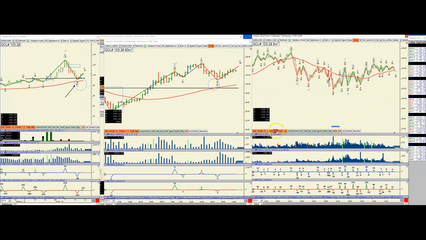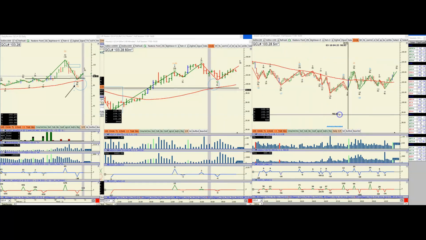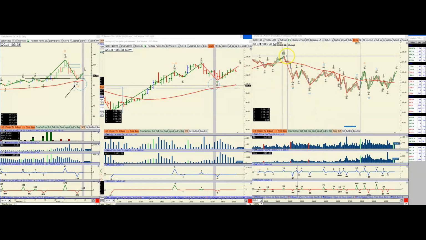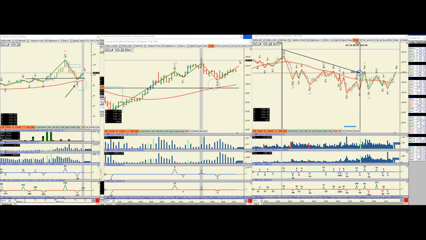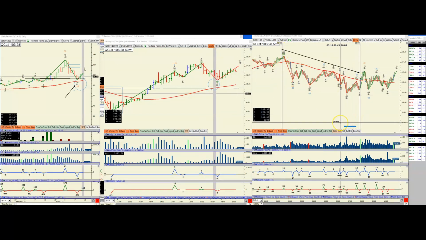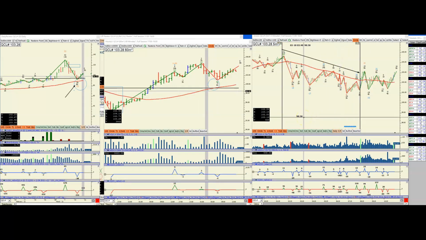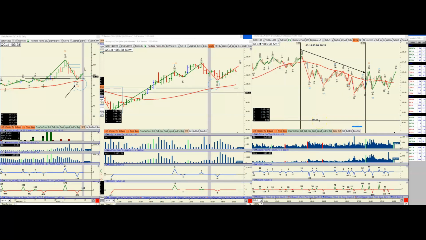So this downtrend on a 5-minute chart is a pullback on the hourly chart. A 6-bar pullback, I think, on our chart.